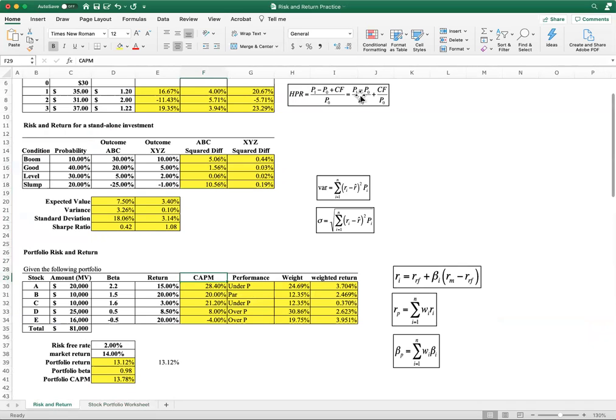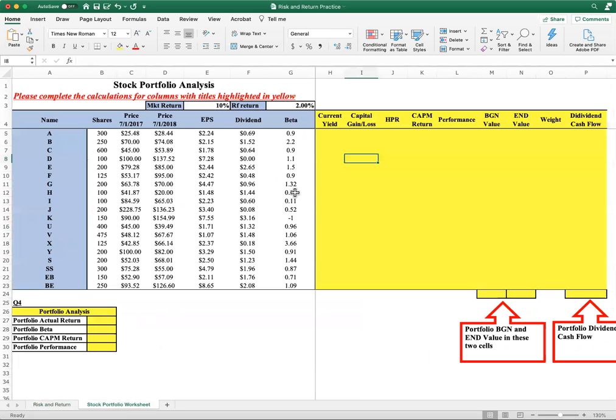Holding period return is the capital gain or loss plus the dividend yield. So let's go there. First, your current yield, which is the dividend yield, equals the dividend over the initial investment.